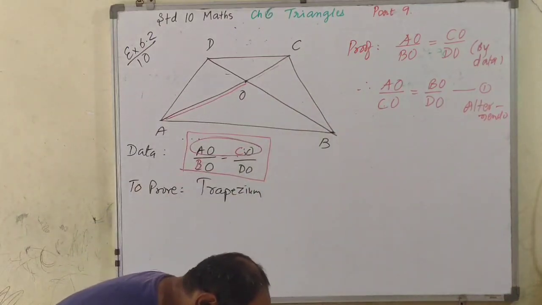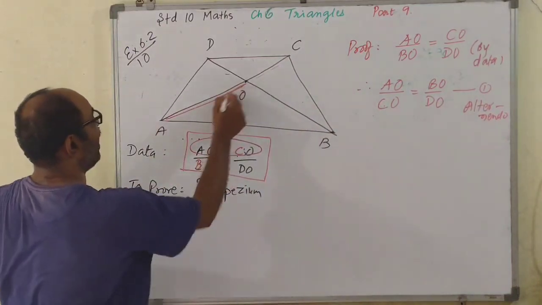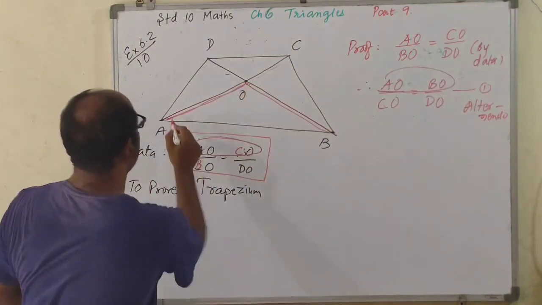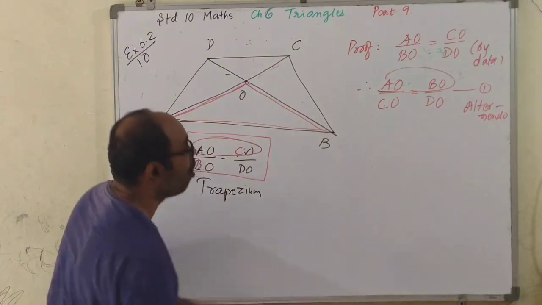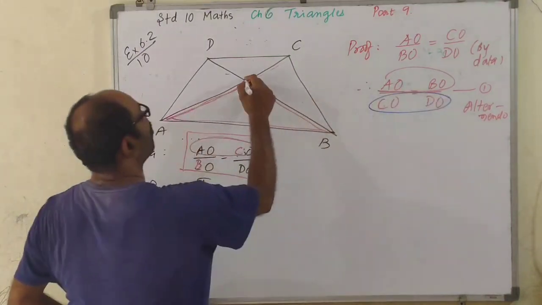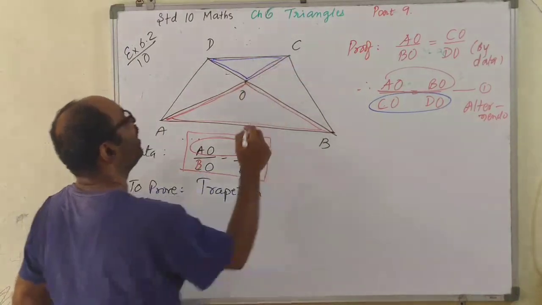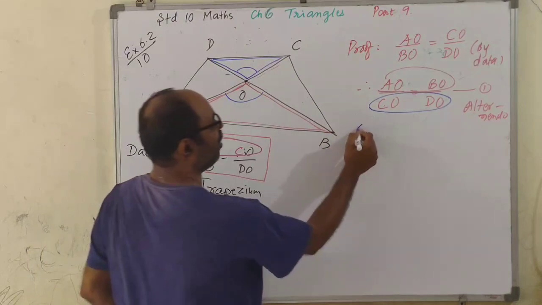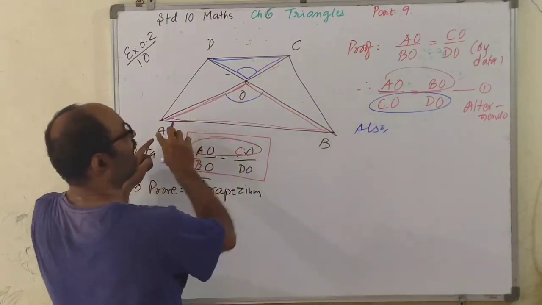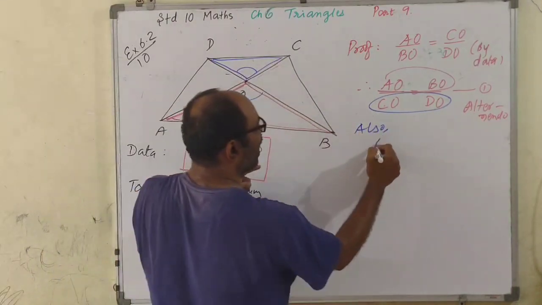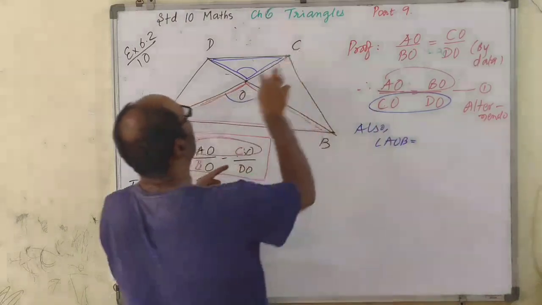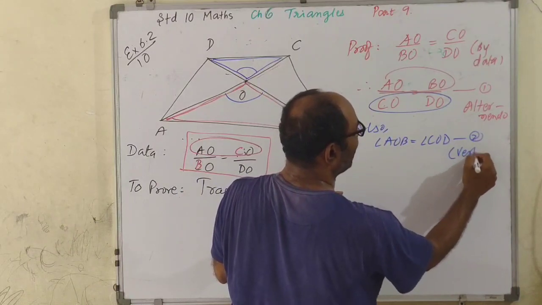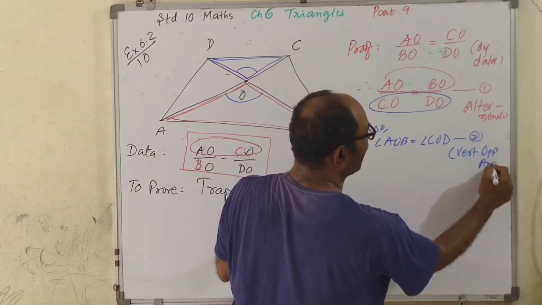Let's go. Now see AO and BO, this lower triangle you can think of, and CO and DO, this triangle. Hey children, vertically opposite angles are equal. Also, angle AOB is equal to angle COD, result 2, by vertically opposite angles.